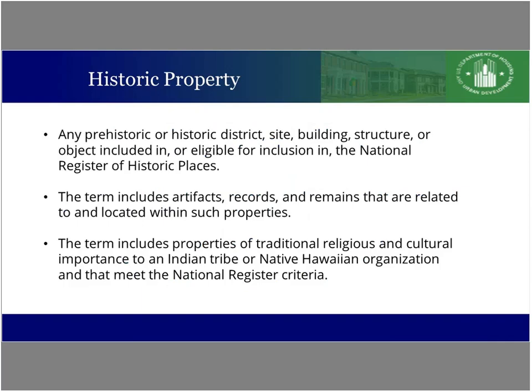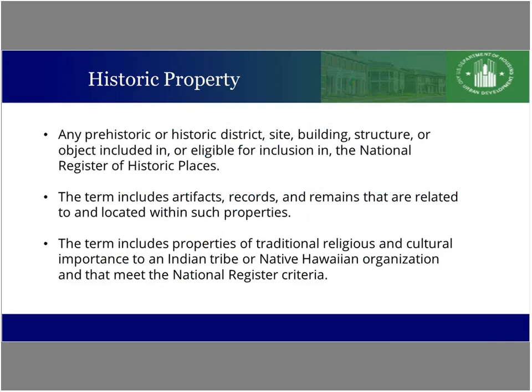So if the process is set up to protect historic properties, what exactly is a historic property? It's any prehistoric or historic district, site, building, structure, or object included in or eligible for inclusion in the National Register of Historic Places. That phrase, eligible for, is very important because there are many properties out there that may be eligible.